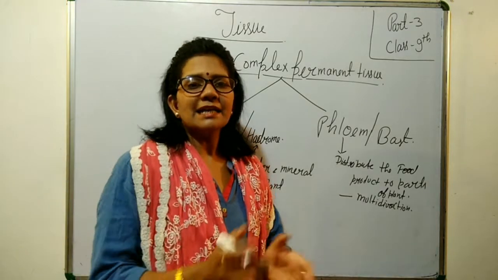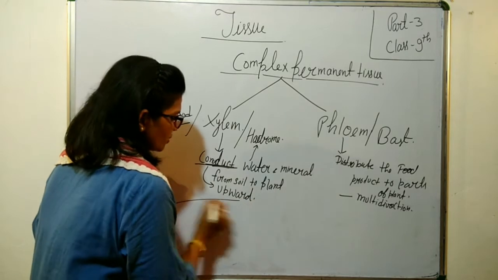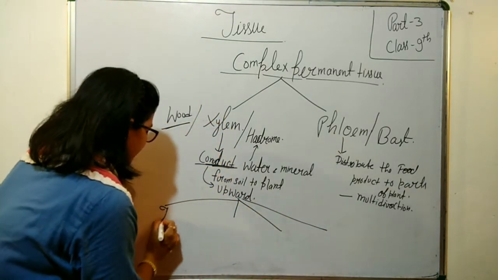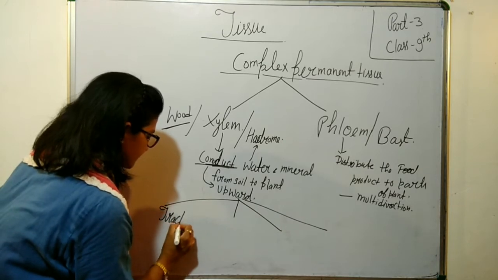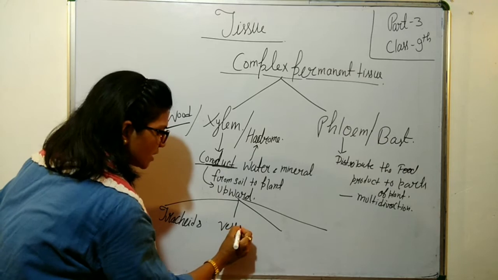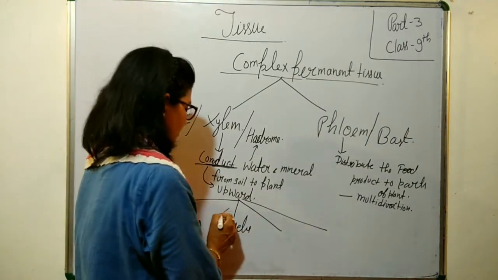Now the xylem is made up of 4 different types of tissue. First it is tracheids, then vessels. We call them xylem vessels also.